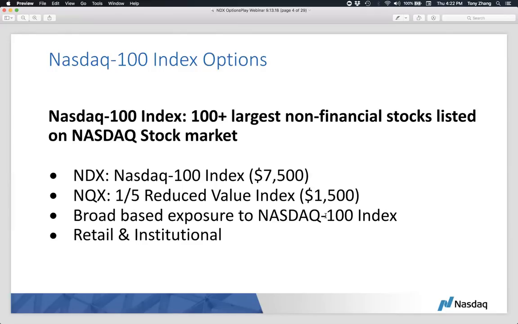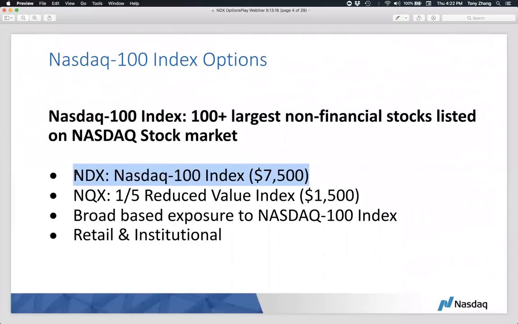And there's two indices that you can trade as a trader. You have NDX, which is the full Nasdaq-100 Index. That has currently an index value of roughly 7,500. So you can think of it as almost like trading a stock or ETF that has a value of $7,500. Very high value, so very high notional amount.